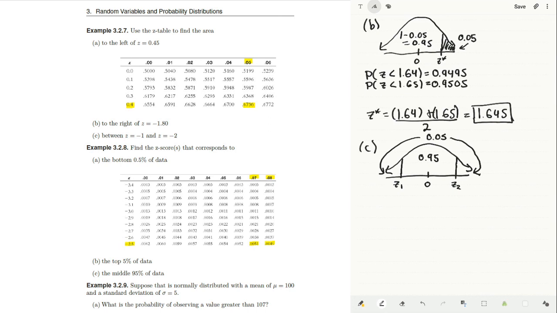And so the area to the left of z1 is going to be half of 0.05, which is 0.025.